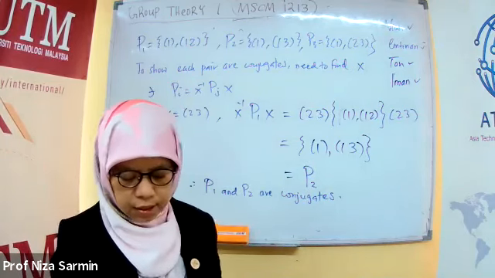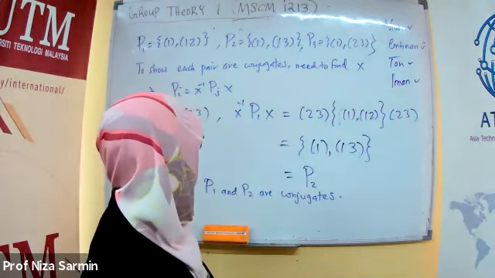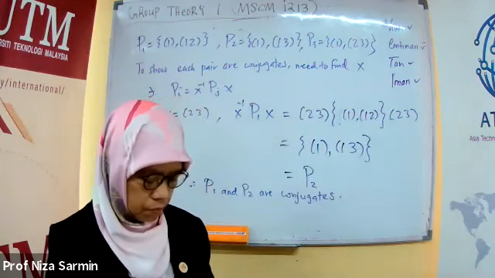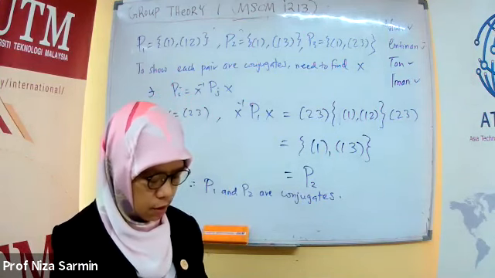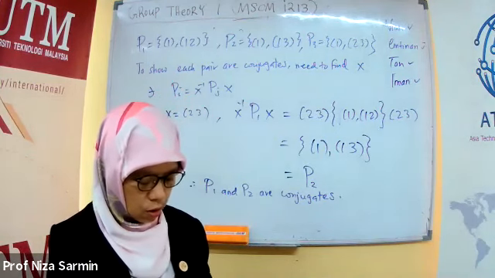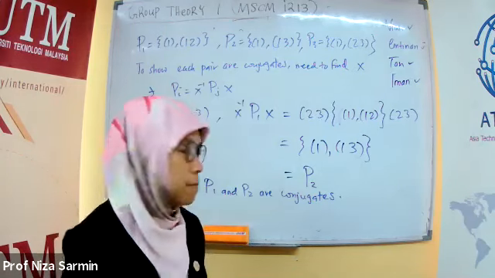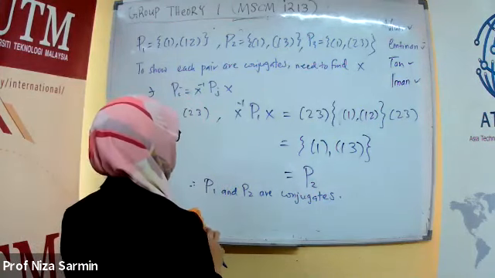You multiply P1 by 2, 3, you get P2. You can try the others, okay? Then you can show they are all conjugate. Okay. You want to try? One more.